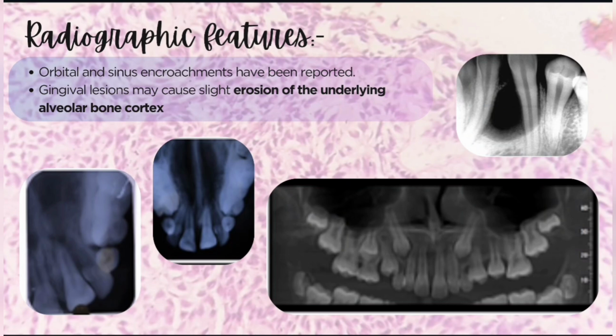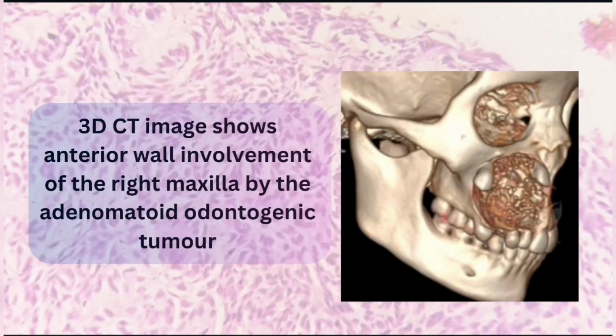If there is a lesion growing on gingiva, we can appreciate the lesion with the help of clinical findings or other tests like MRI imaging techniques. If we want to conduct imaging technique, then MRI can be done, ultrasound can be done, that are soft tissue imaging techniques. A 3D CT image showing anterior wall involving the right maxilla by adenomatoid odontogenic tumor.